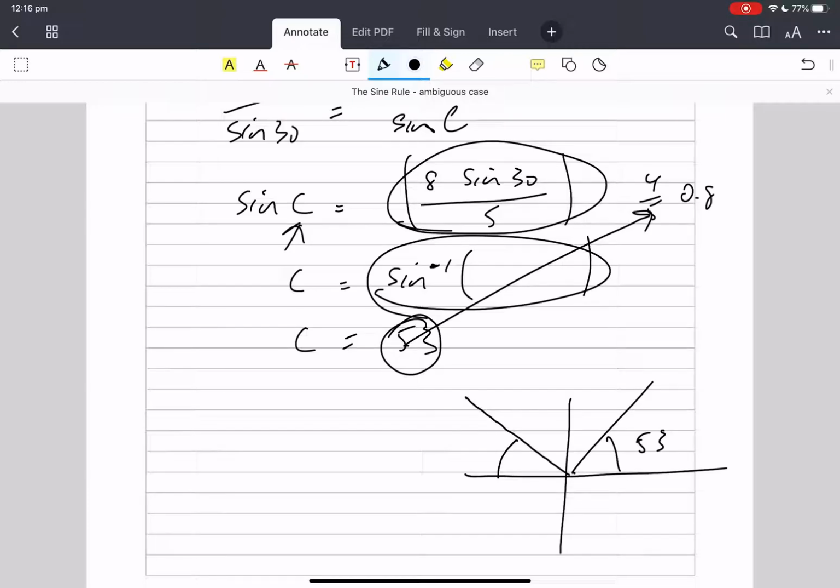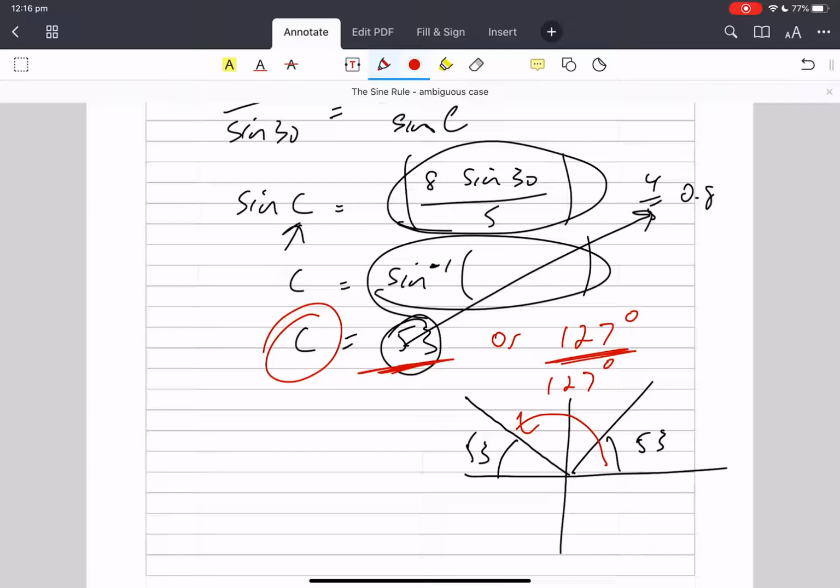Well, my reference angle comes off the x-axis. So what's that angle there? I reckon that's 127. So see this C? Yes, 53 is one answer, but you can also have an angle of 127 degrees.